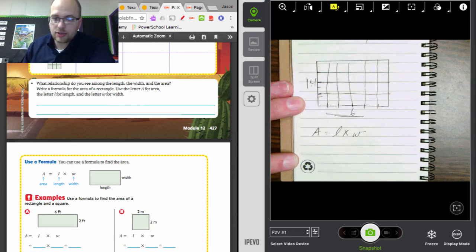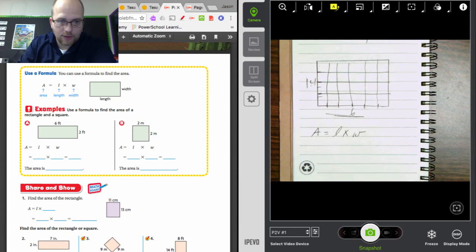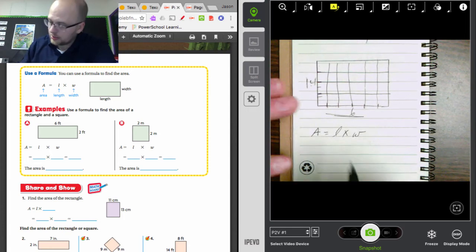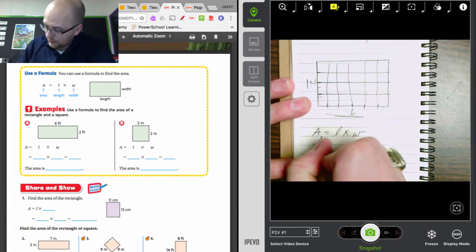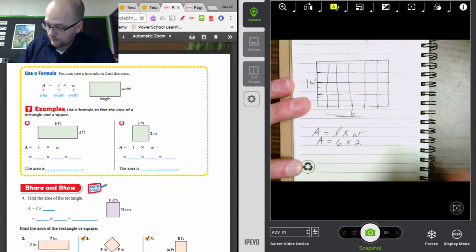Make sure that you get the area equals the length times the width every time. So, for example, you see down here I have an example where I have a rectangle that's 6 feet by 2 feet. If I know that's the formula, then A equals 6 times 2.